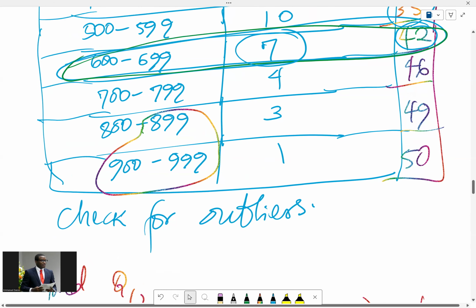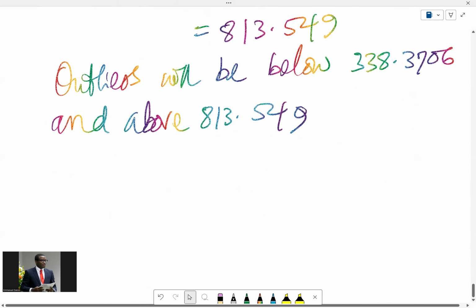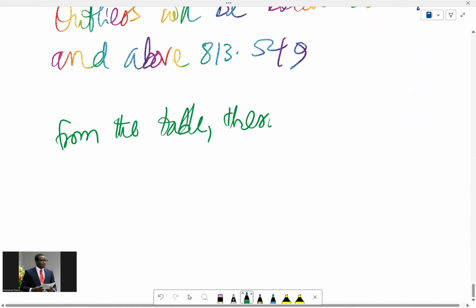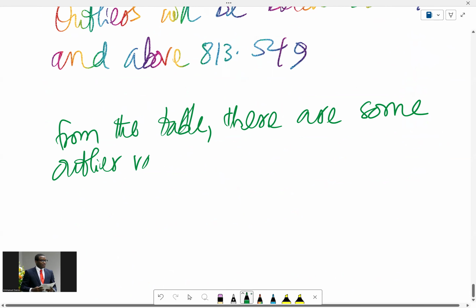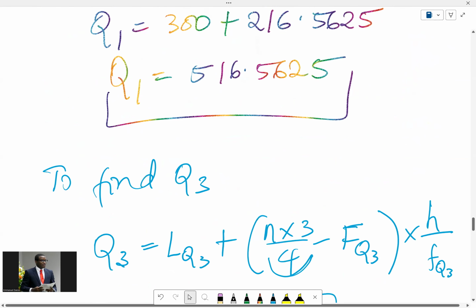So we can see that from the table, right? We can make this conclusion. From the table, there are some outlier values. Okay, I guess I need to label the classes for easy referencing.